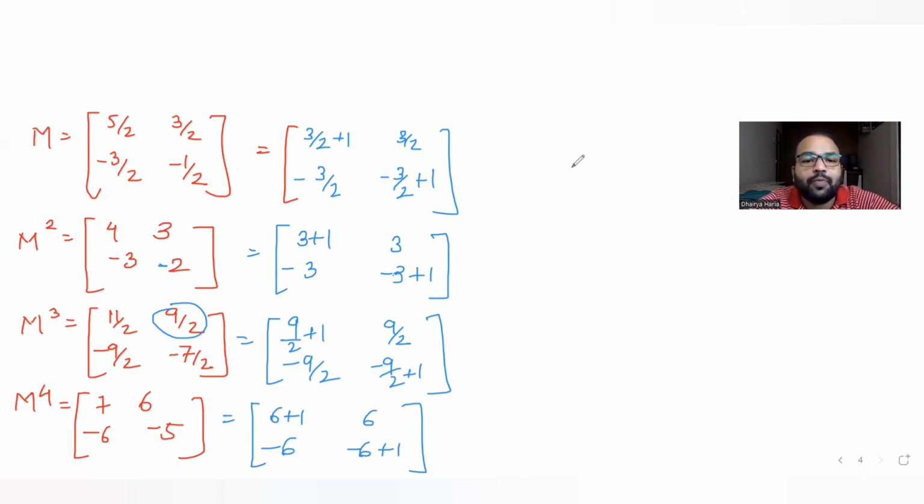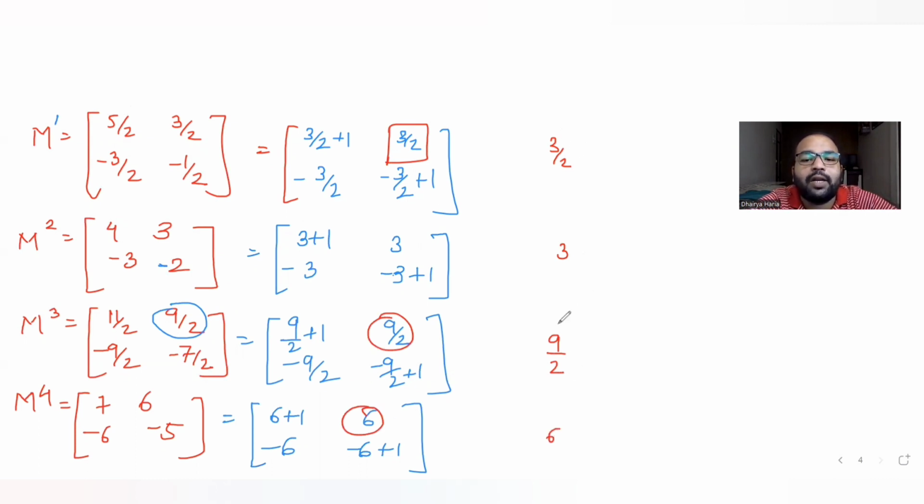And if I want to find the second term, because from the second term I'm getting all the three terms, what is happening? In the first case it is 3/2. In the second case it becomes 3. In the third case the second term is 9/2. In the fourth case it is 6.